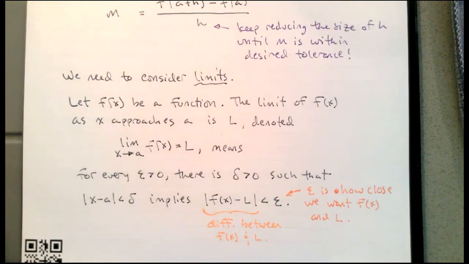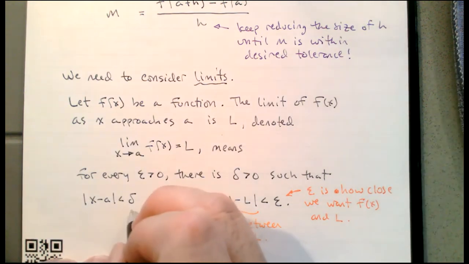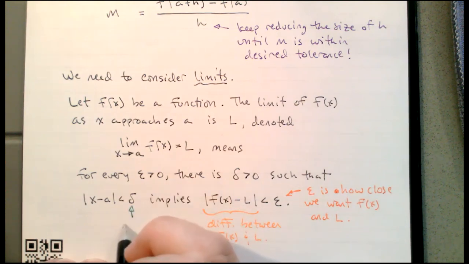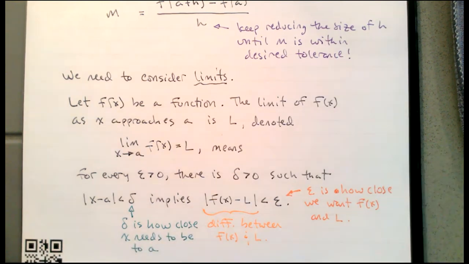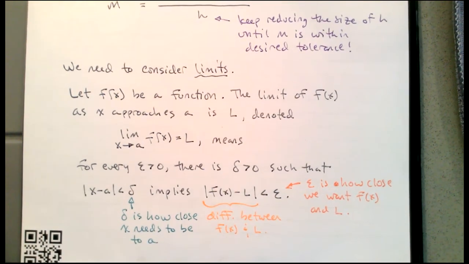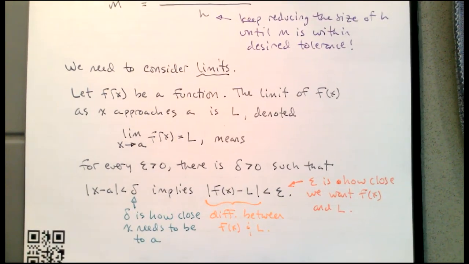Delta is how close x needs to be to A to guarantee that f of x is within epsilon of L. So the delta is how close x needs to be to A. Because when we write absolute x minus A, that's the difference between x and A. So the way we think about this is that L is the limit as x approaches A of f of x.